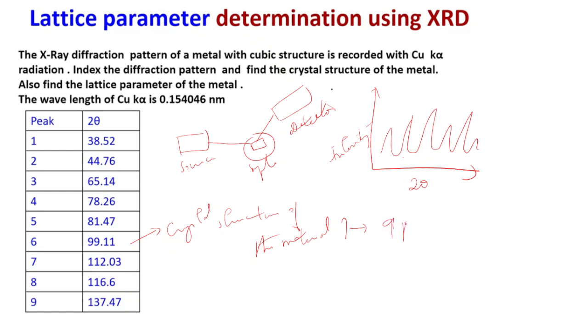Before I go on further, I would like to say that the answer is absolutely correct. But how can we say from the peaks itself that it is FCC? Like the number of peaks that are present.